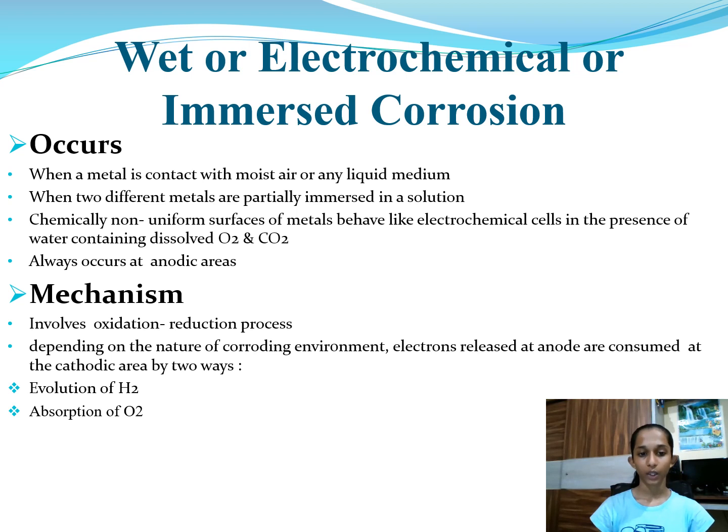It always occurs at anodic areas. The mechanism of wet corrosion involves oxidation and reduction processes. Depending on the nature of the corroding environment, electrons released at the anode are consumed at the cathodic area in two different ways: one is evolution of H2 and the second is absorption of O2.